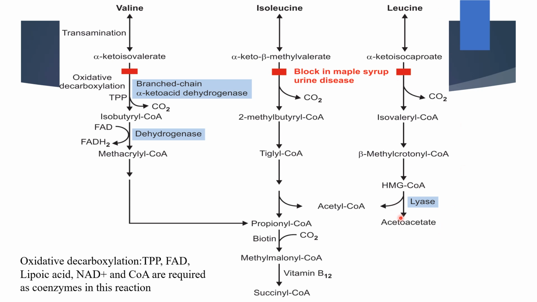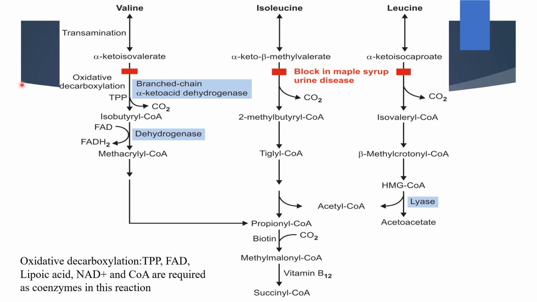So what we see in this reaction is that HMG coenzyme A is one of the important intermediates of cholesterol biosynthesis as well as ketogenesis. And what we can notice here in all these reactions is that all these three amino acids undergo first transamination, followed by oxidative decarboxylation, and followed by a dehydrogenase reaction.